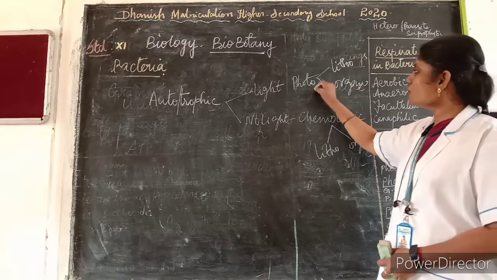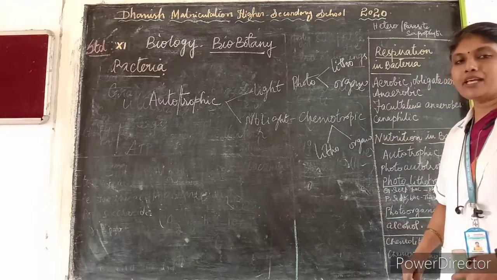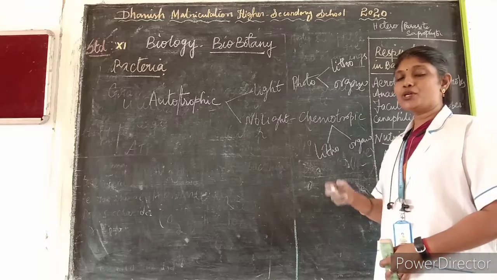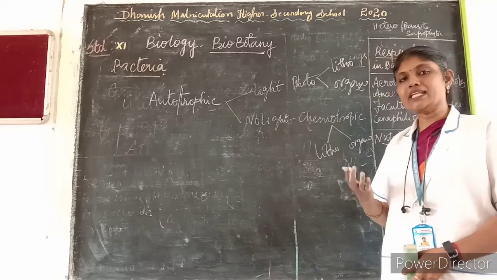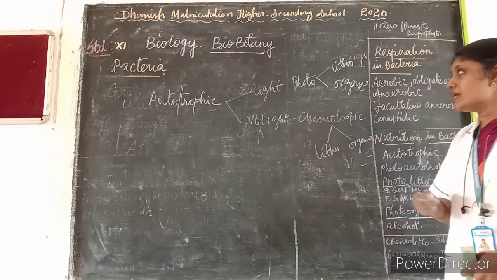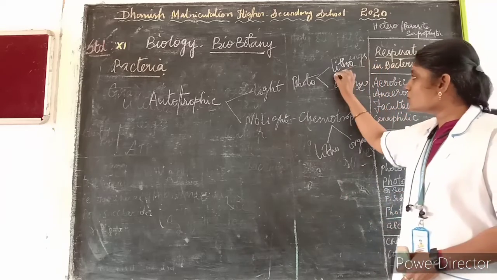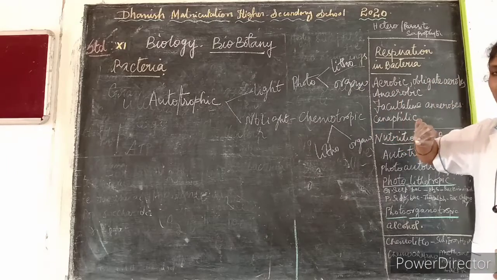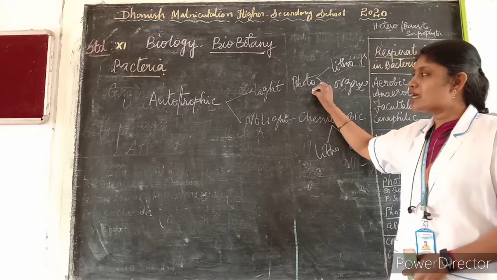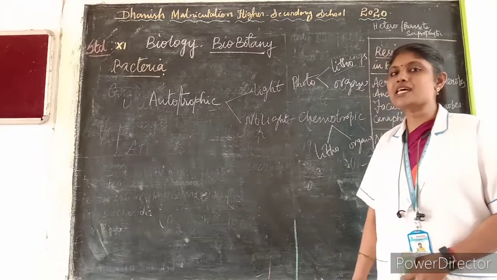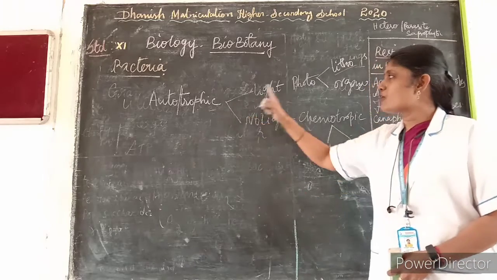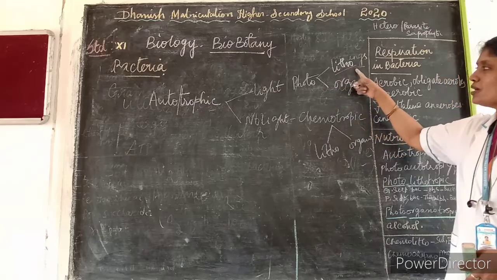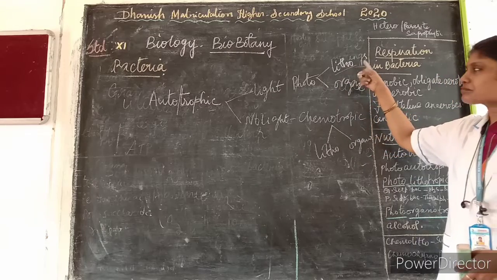Photolithotrophic bacteria use a substrate which is not organic in nature. Inorganic material is used as a substrate. In the presence of light, bacteria are able to synthesize food. They are called autotrophic, photoautotrophic, photolithotrophic bacteria.